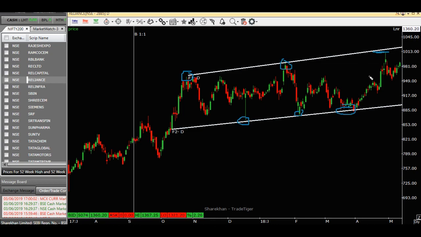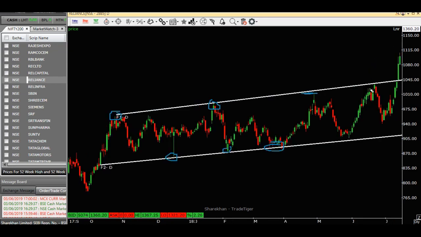Okay, and now the moment it comes to the upper end of the channel, I can take a sell trade with the lower end of the channel as my target. Now again, when it comes to the lower end of the channel, I can enter long here with the upper end of the channel as my target.